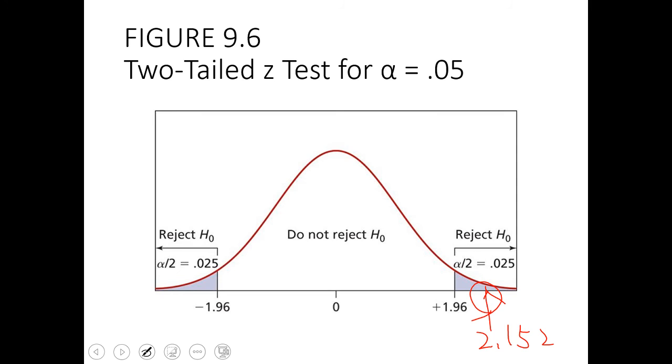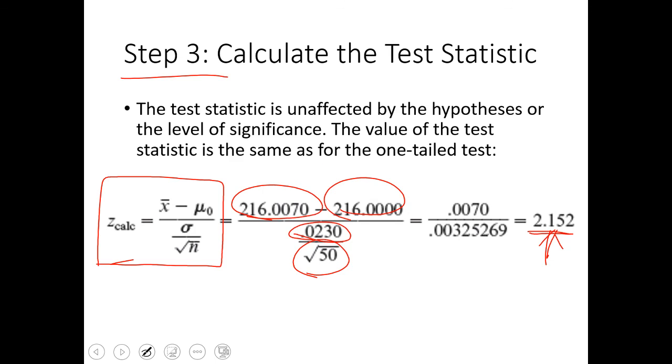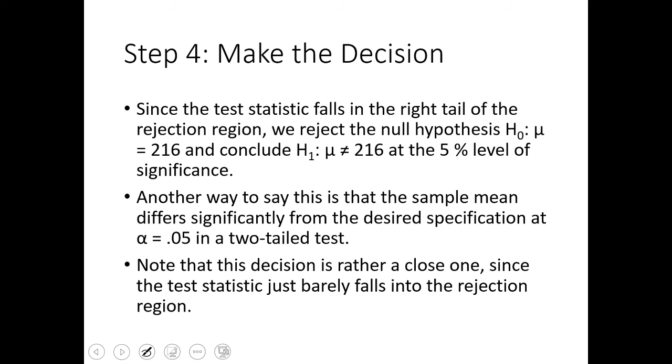So we reject the null hypothesis based on the two-tailed test.